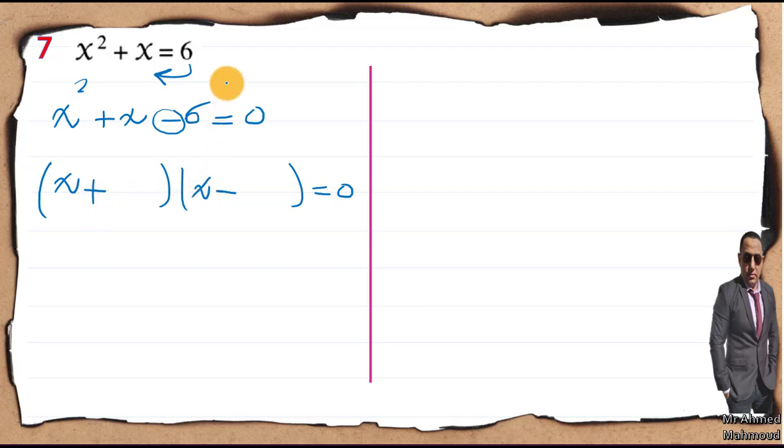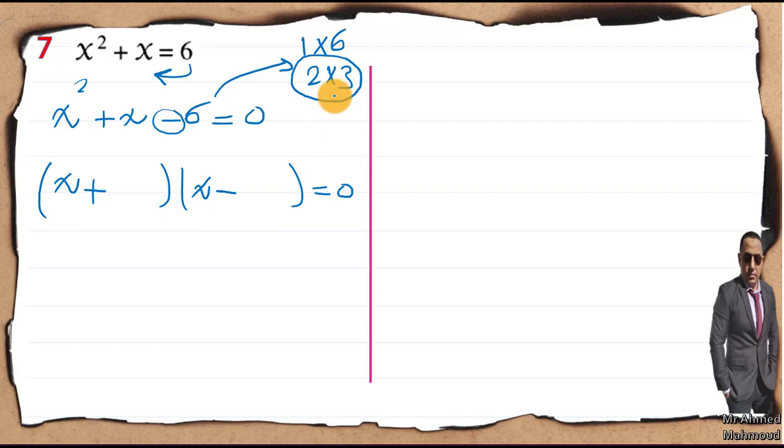It's up to you. 6 equals 6 divided by 1, 3 divided by 2. I need two factors whose difference equals 1, because this is minus 1. The difference equals 1, so I'm going to choose 2 and 3.